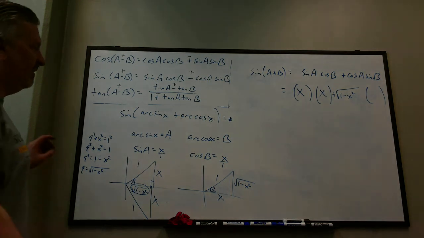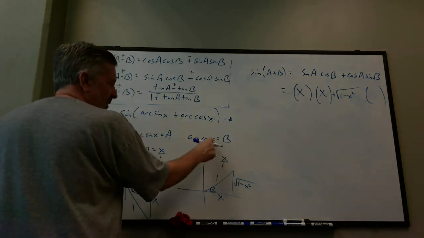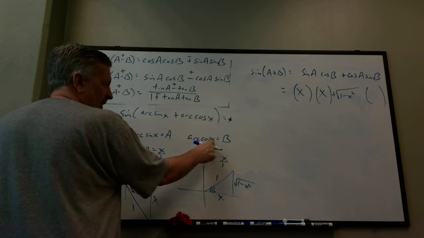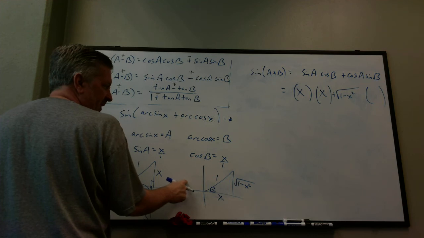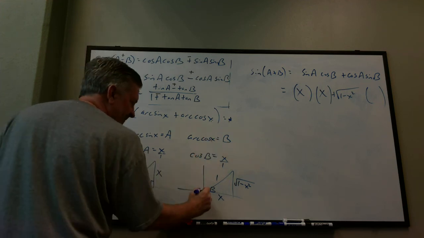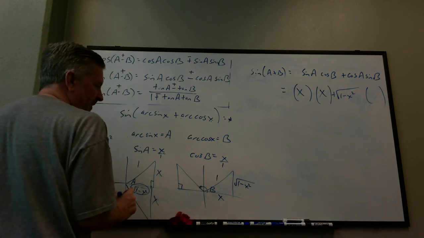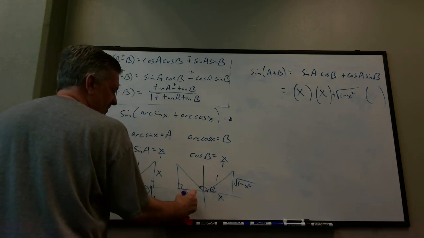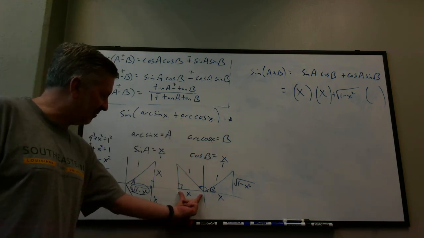Right. Now, what if x were negative? If x were negative, cosine is negative. Remember, arc cosine of a number gives you an angle in the first or second quadrant. So what if x were negative and my angle B were in the second quadrant like this? Cosine is adjacent over hypotenuse. I'm assuming x is negative, so this would be negative, which makes sense.